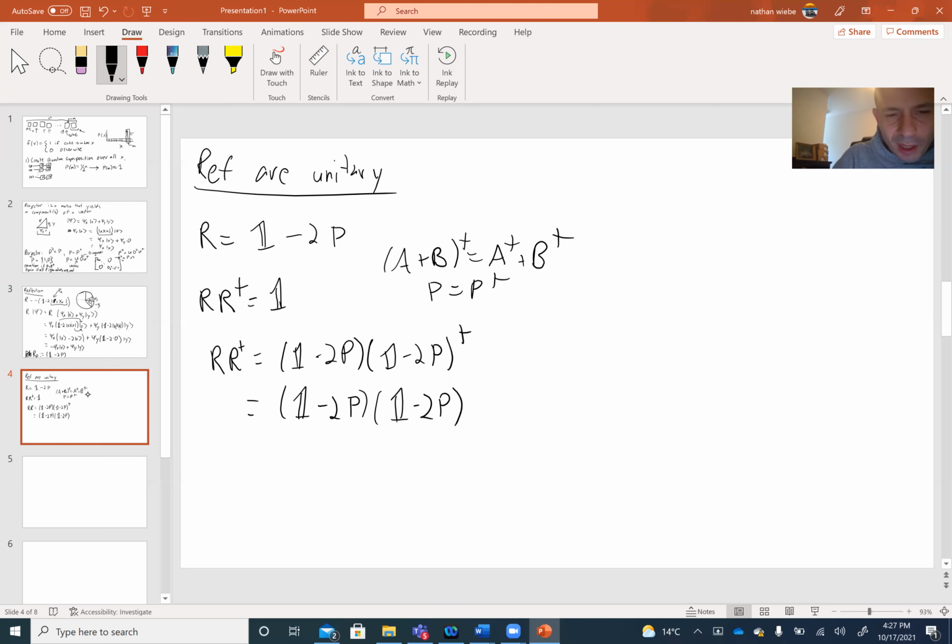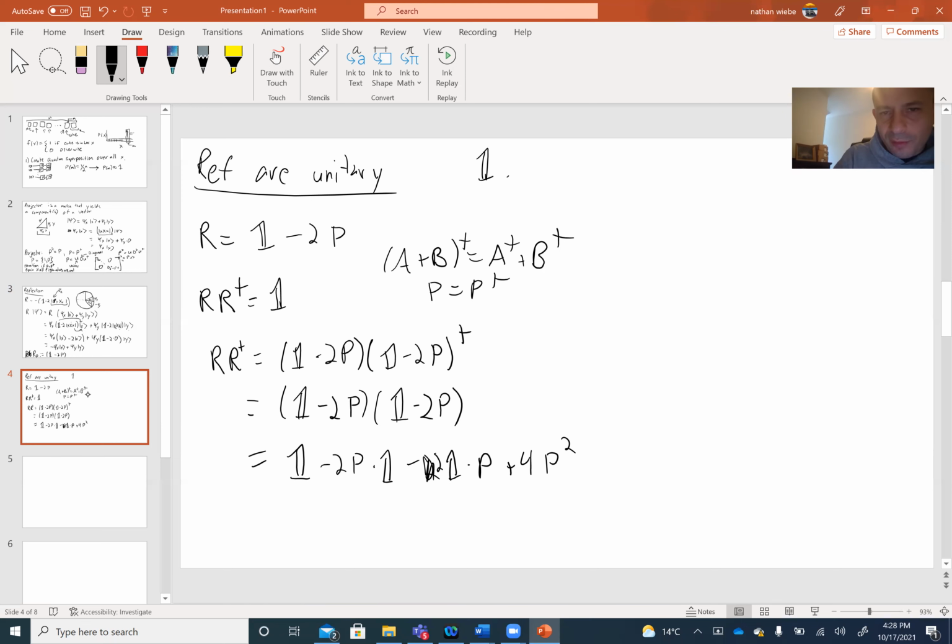Now we can multiply. Multiplying gives us the identity, minus twice the projector times identity, minus identity times twice the projector, plus 4 times the projector squared. Now, note that the identity matrix commutes with everything.